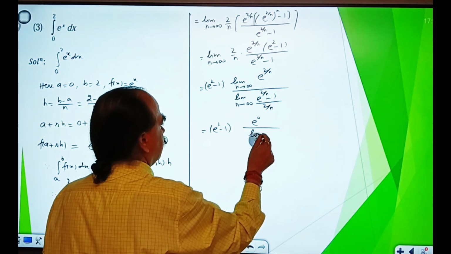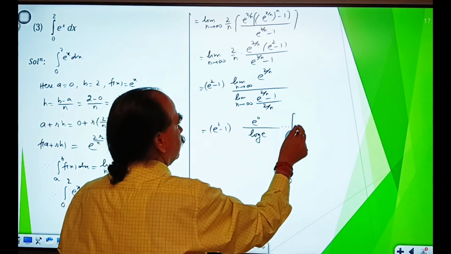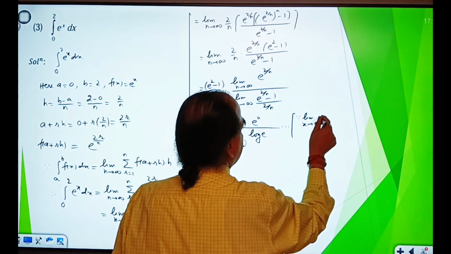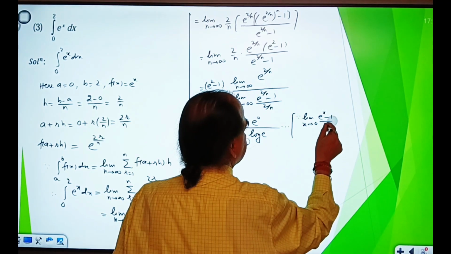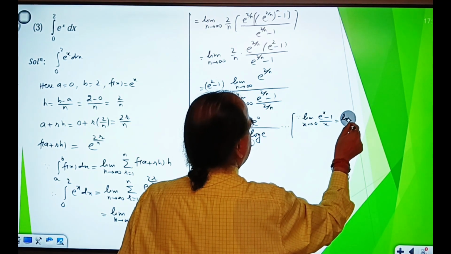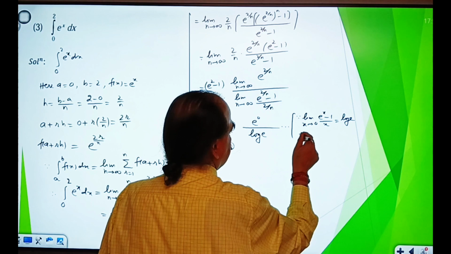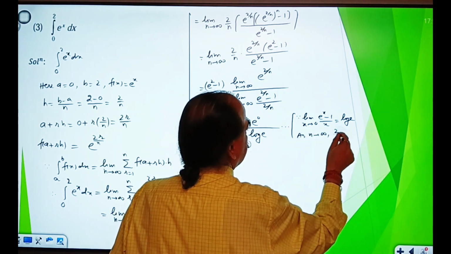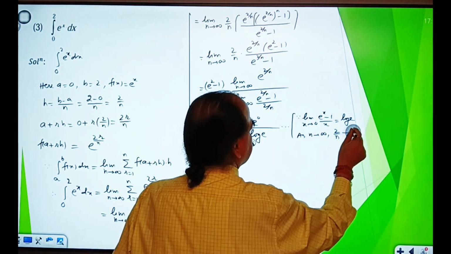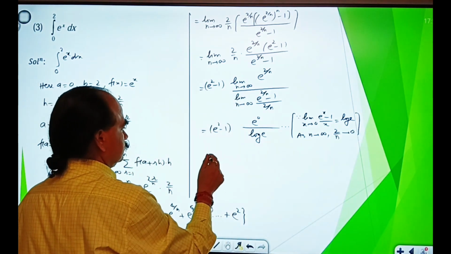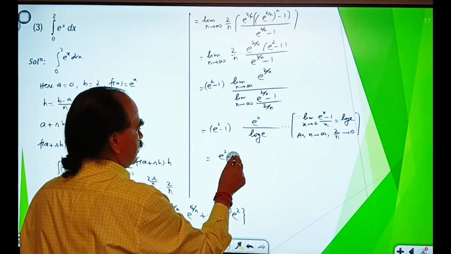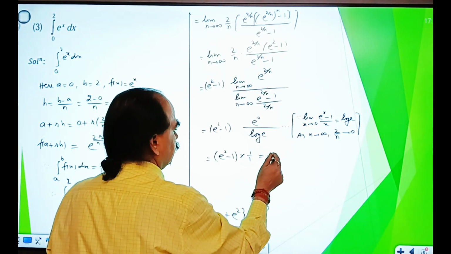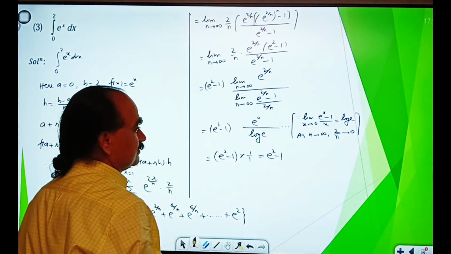Log e. Why log e? Since limit x tends to 0, e raised to x minus 1 upon x is log e. Log e is what? 1. As n approaches infinity, x, which is 2 by n, will also approach 0. e square minus 1 into 1 upon 1, which is e square minus 1 is the answer.